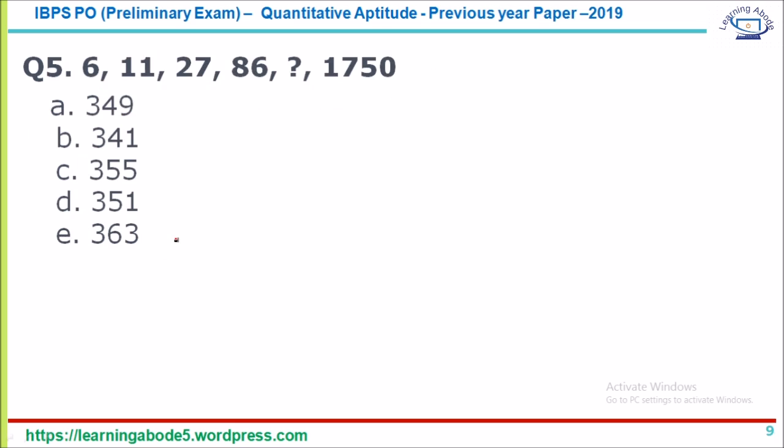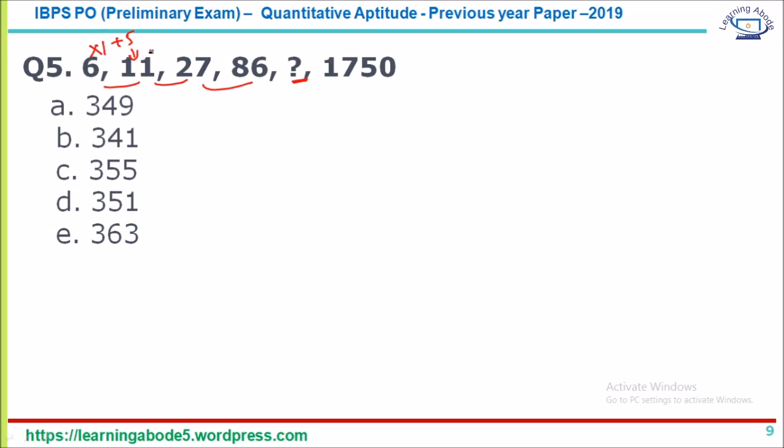Question number 5, 6, 11, 27, 86 and so on. Now this looks like twice, this looks like twice, but this is like 3 times. Okay, then after that I am not able to guess. Okay, now maybe I'll just consider, instead of taking it as twice, because it's not more than twice, it's less than twice, maybe I'll consider this as 6 into 1 plus 5.